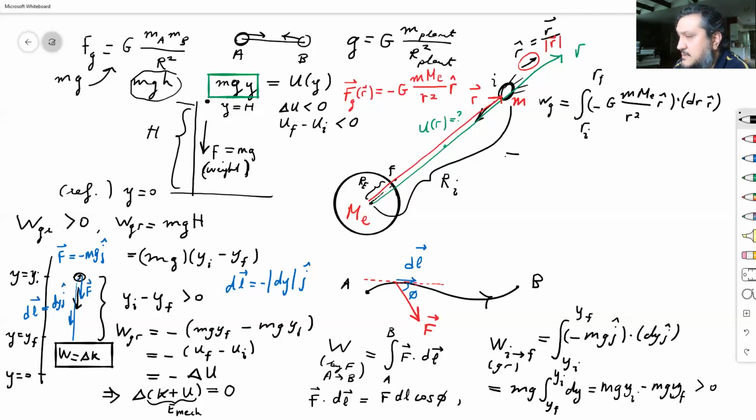Okay, so just like this one, but now we have a dependence on r in the integrand. So keep writing. Now we have negative G m m e from r initial to r final, dr over r squared. Or change the limits again and make this positive.